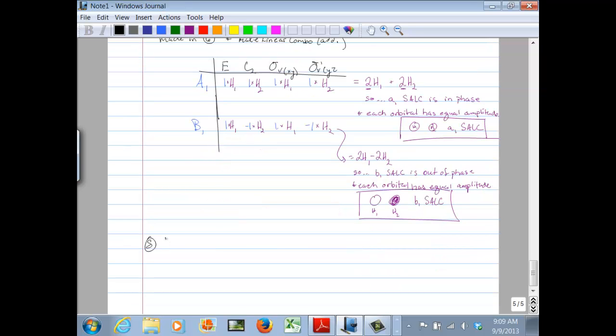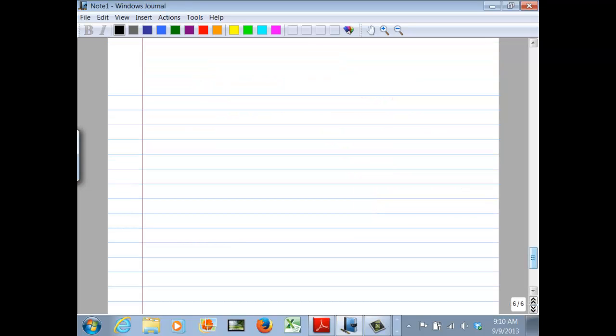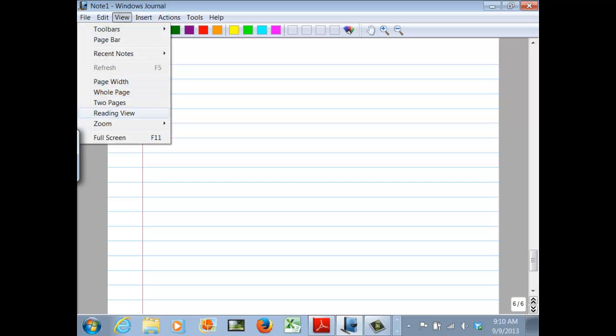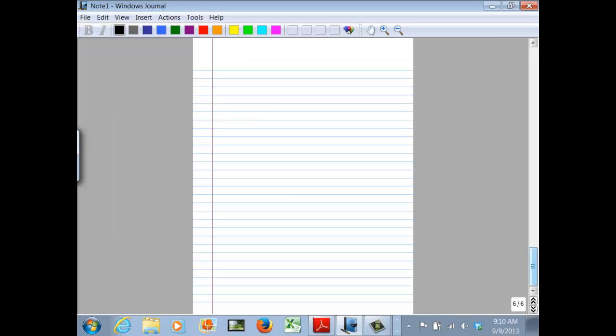And then step 8 is to draw your molecular orbital diagram. This one is going to look very similar to what we drew before. If you go back in your notes, these two should match. I'm going to zoom out a little bit. I'm going to draw the molecular orbital diagram for water.